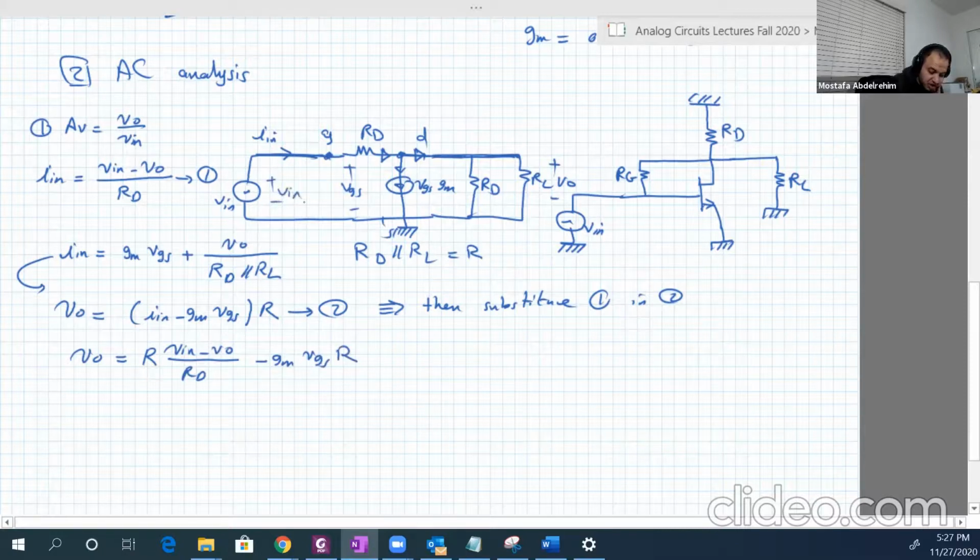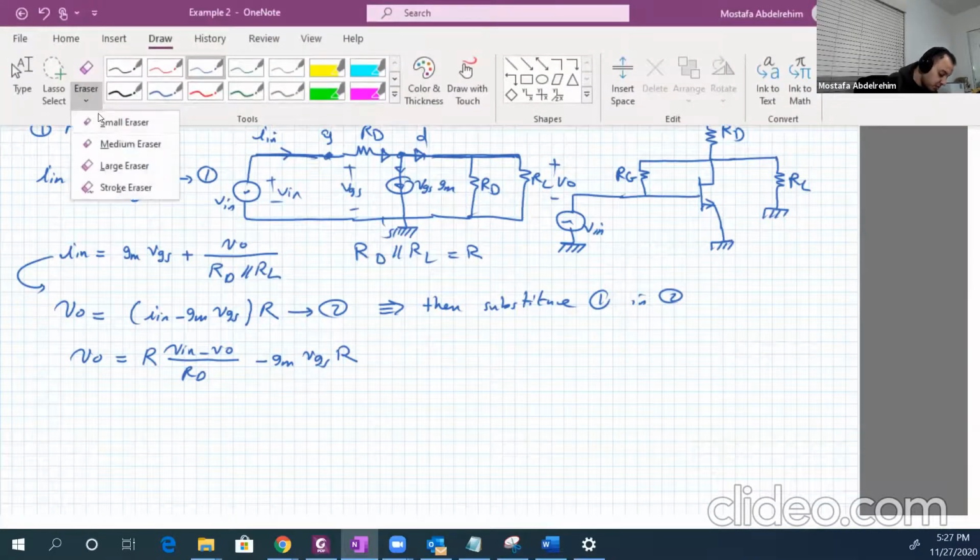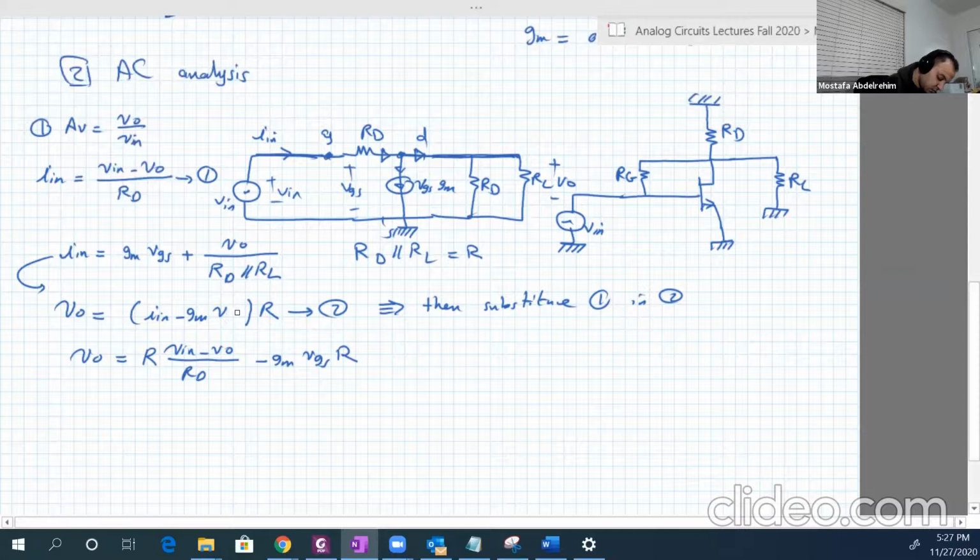V input is just equal to VGS. So we can remove one and put the other. So let's remove VGS and put V input, just to make us more consistent. So VGS equal to V input. Okay.